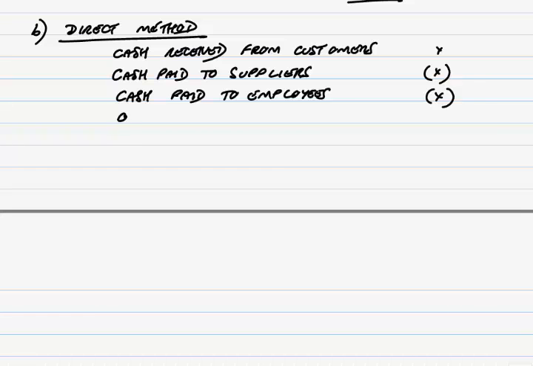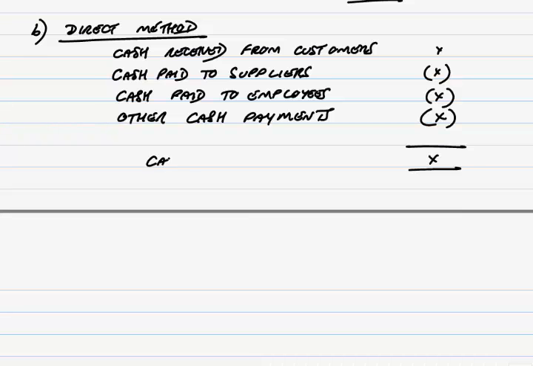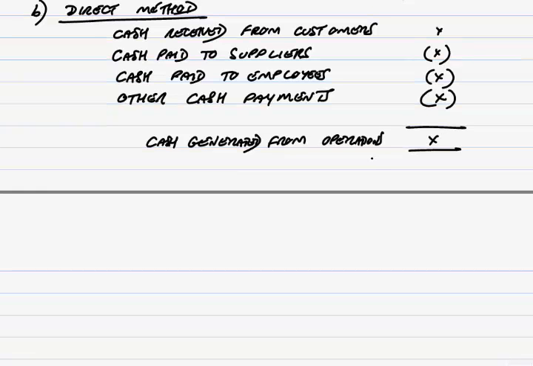And thirdly, we show separately any other cash payments. So of course it is a cash exercise, but get the cash receipts, the cash payments, and again, we should end up with the cash generated from operations. So let's have a go. We'll fill in the figures and see what we get.